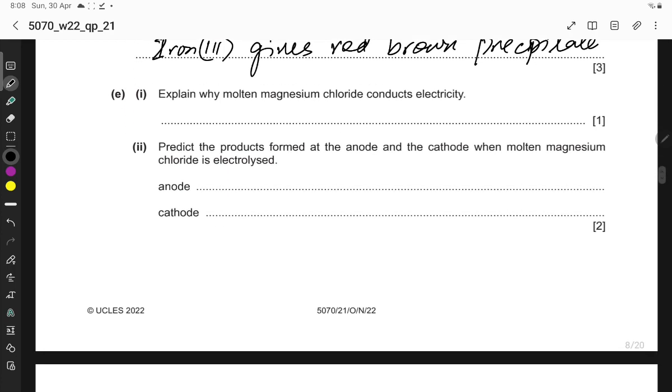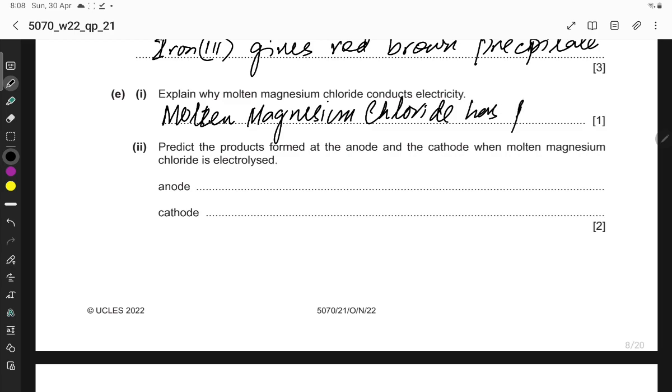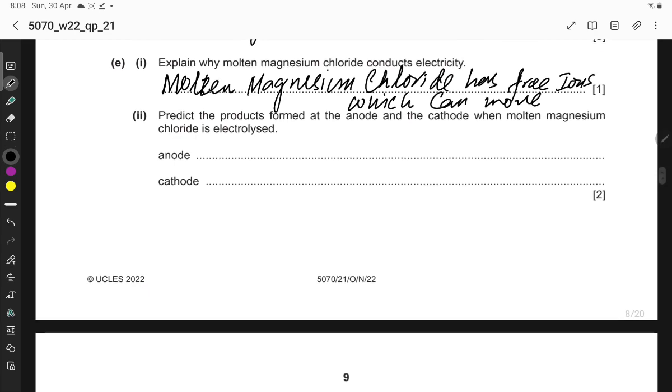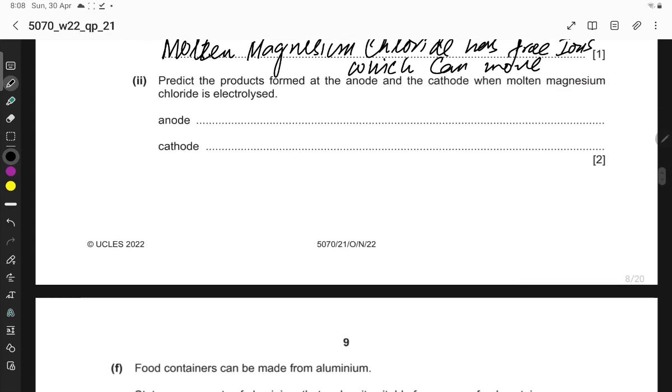Explain why molten magnesium chloride conducts electricity. Molten magnesium chloride has free ions which can move. Predict the product formed at the anode and cathode when molten magnesium chloride is electrolysed.